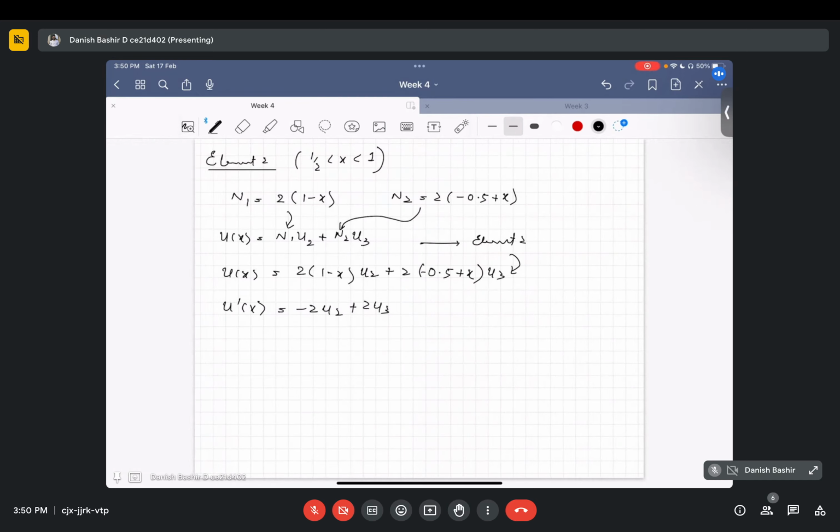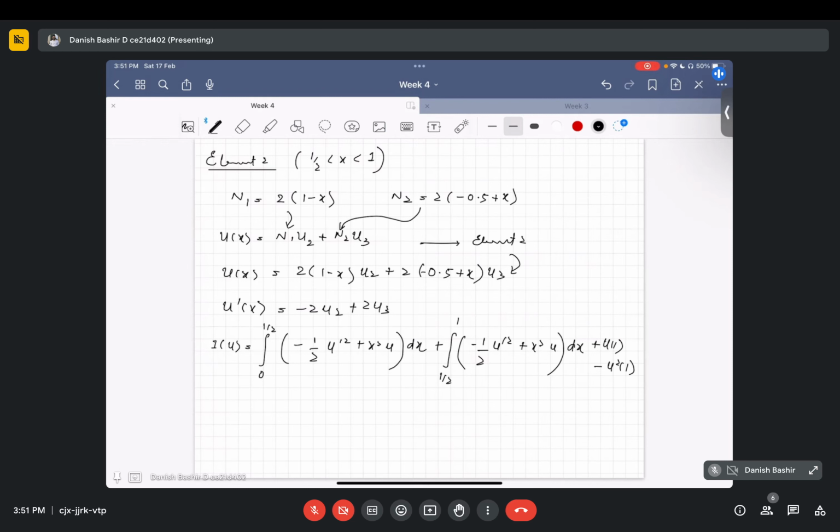So the total functional I of u will be: for the first term, it varies from 0 to 1 by 2, and our functional will again be the same, minus 1 by 2 u dash square plus x square u dx, and second will be from 1 by 2 to 1, minus 1 by 2 u dash square plus x square u dx, and there will be boundary terms like u of 1 minus u square of 1.